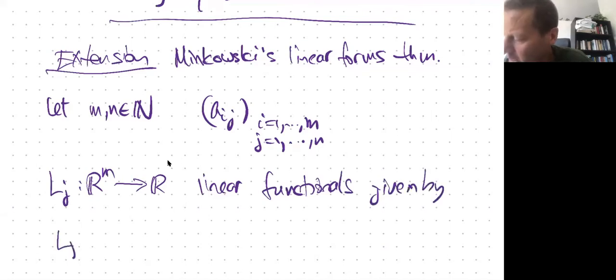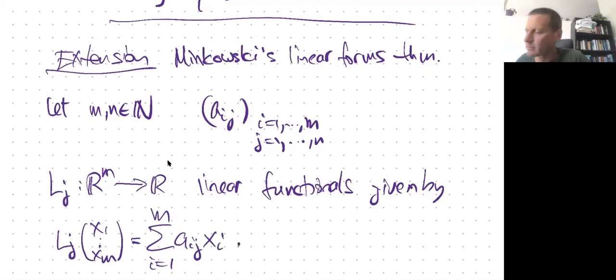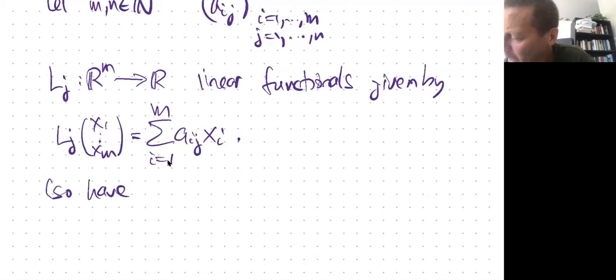So L_j of x_1 up to x_m is the sum going from i equals 1 to m of A_ij x_i. So I have n linear forms, n linear functionals.